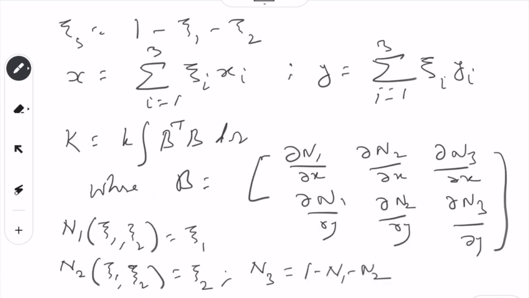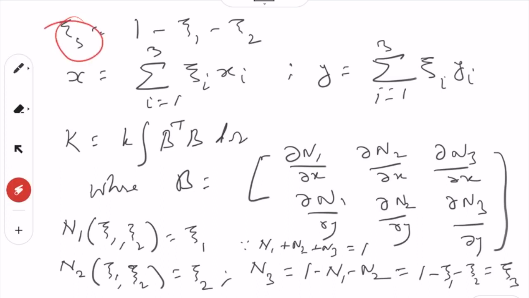Why? Because N1 plus N2 plus N3 is equal to 1, this follows that N3 has to be equal to 1 minus xi1 minus xi2, which equals xi3 by how we defined it. So this is just by definition.